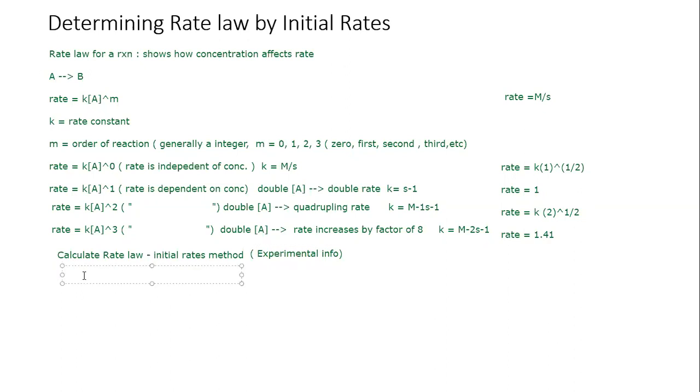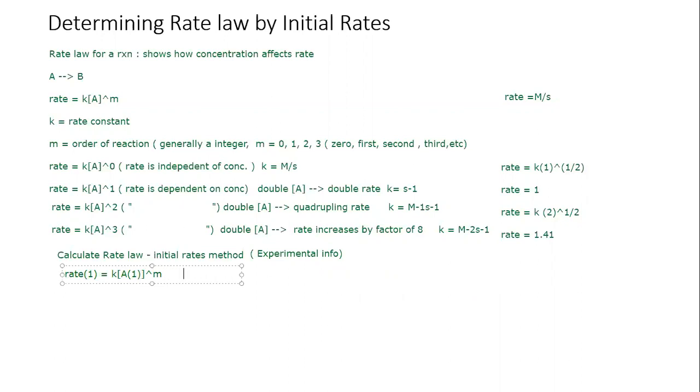We're going to do 2 experiments. Rate 1 equals K A1 raised to the M. So you do an experiment, you have concentration of A, you measure its rate.